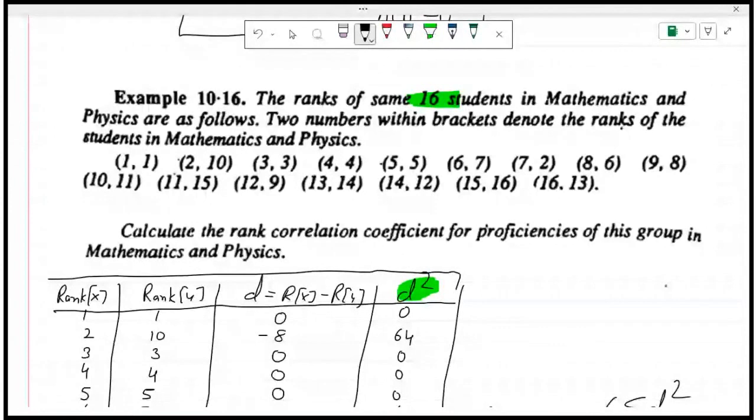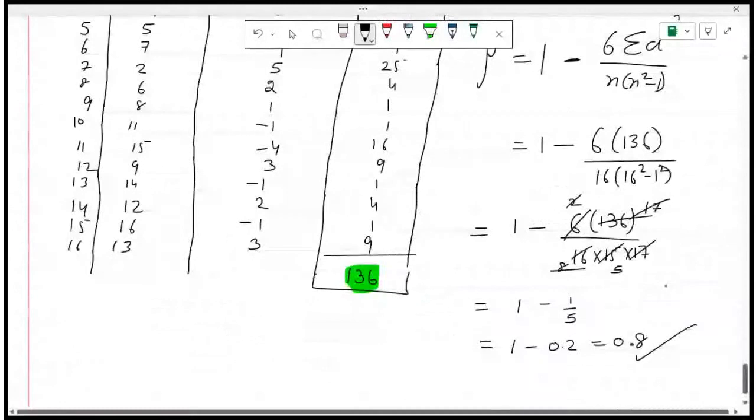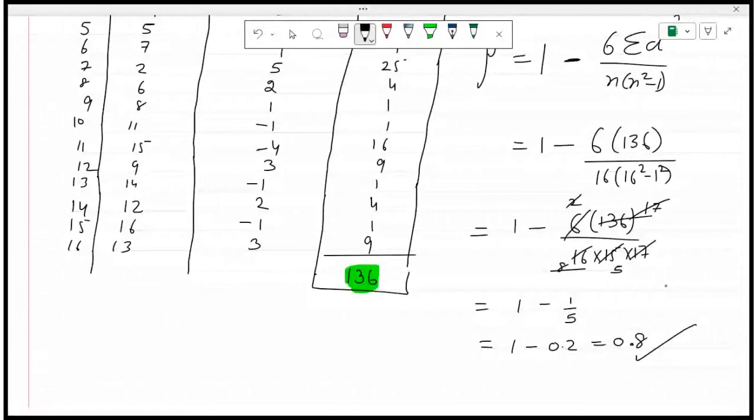If the value is 1, it means 100%. If a student scores rank 1 in math, he will also score rank 1 in physics, rank 2 in math, rank 2 in physics, then we get the score 1, perfect. If we get the value 0.8, it means there is a relation, and it is strong, but not 100% strong. You can say it is 80% strong.